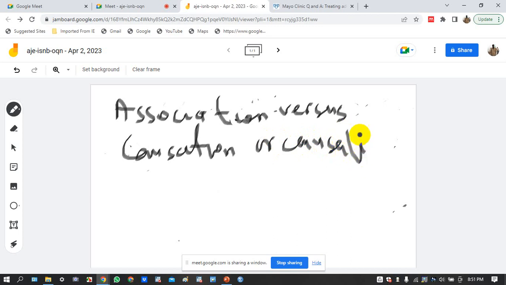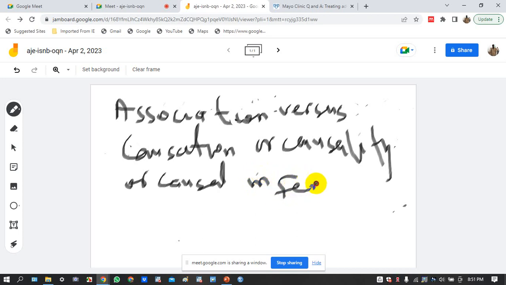Causality is the same as causal inference. So to infer means to draw a conclusion.